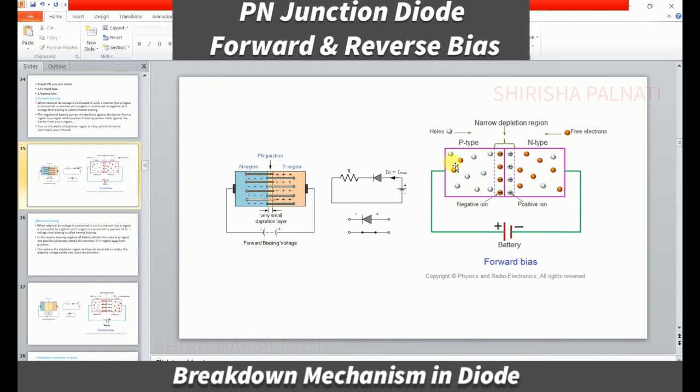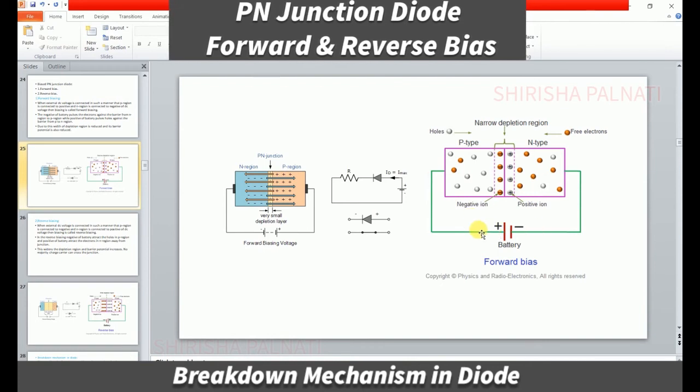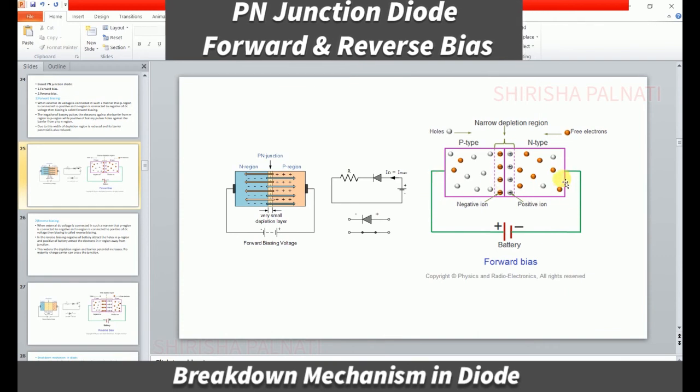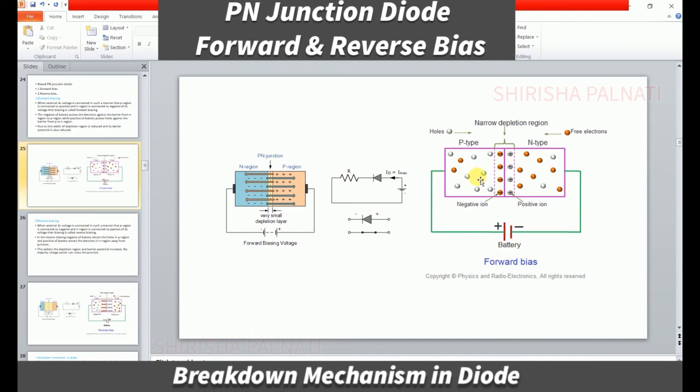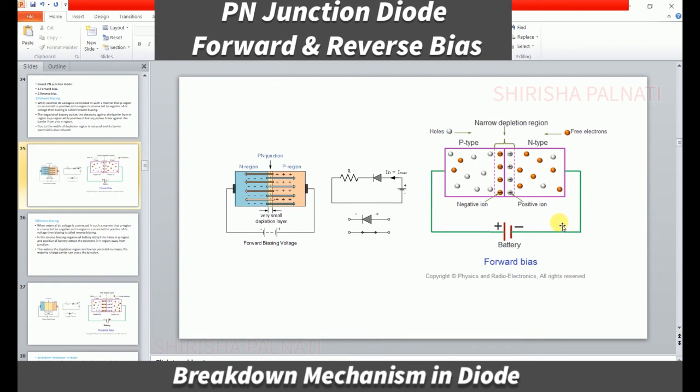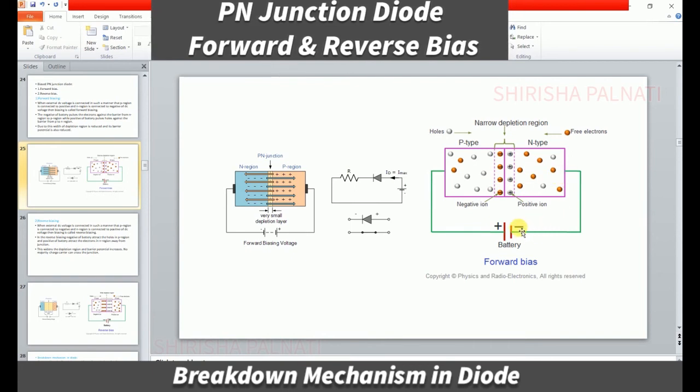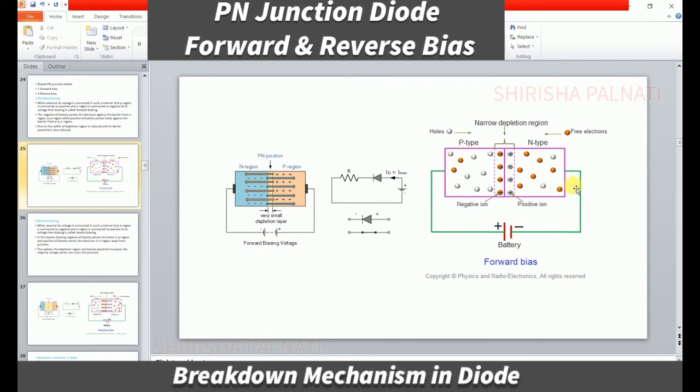Here we connect positive to positive and negative to negative. Then the current flows easily through the diode. Here we apply positive to the positive charge carriers, so the majority charge carriers go through the junction into the P type, and on the other side we connect the negative to the negative charge carriers.